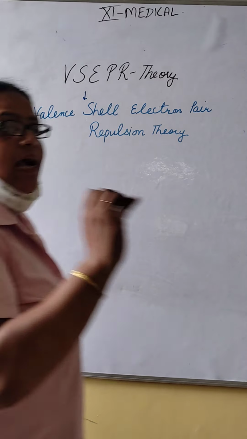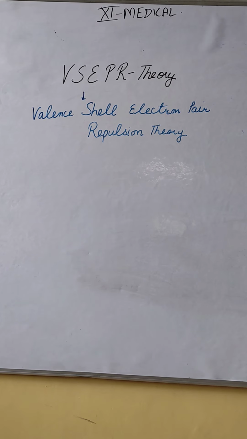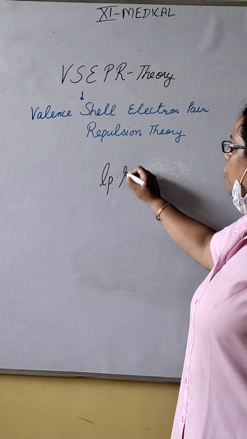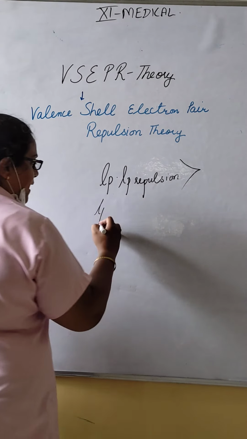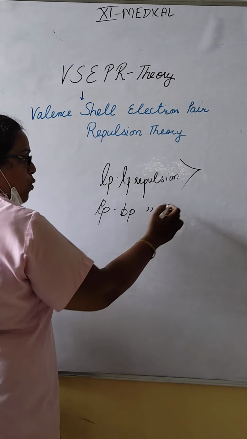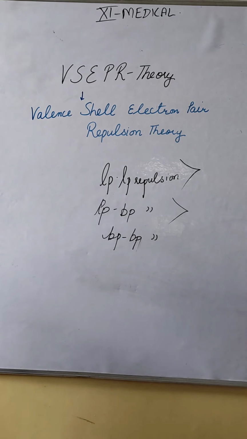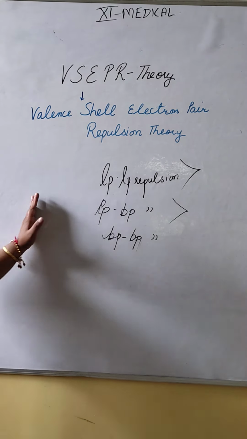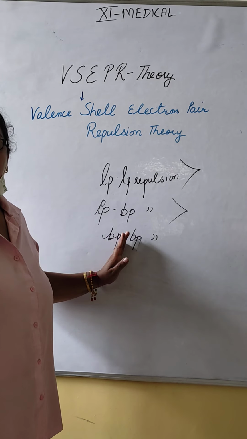Now a very important point. If the central atom is surrounded by lone pairs as well as bond pairs, then lone pair-lone pair repulsion is greater than lone pair-bond pair repulsion, which is further greater than bond pair-bond pair repulsion.